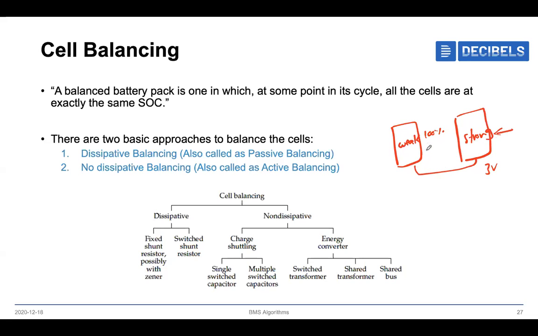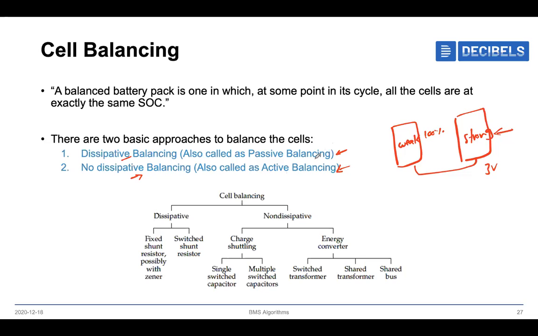How can it balance? There are two ways of balancing these two things. One is dissipative balancing, and the second one is non-dissipative balancing. Other names for these two are passive balancing and active balancing. The reason for the passive and active naming is the components that we are using in the balancing. Here we mostly use components such as transistors, switching circuits, or resistors.